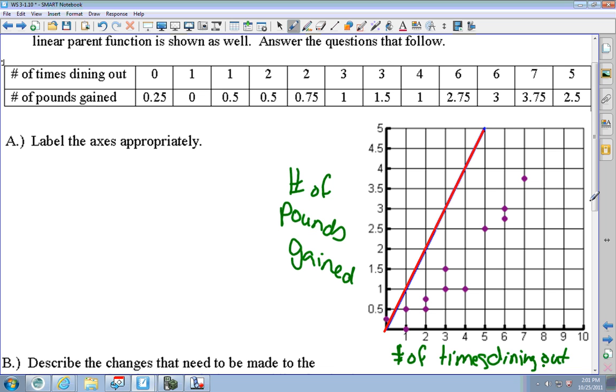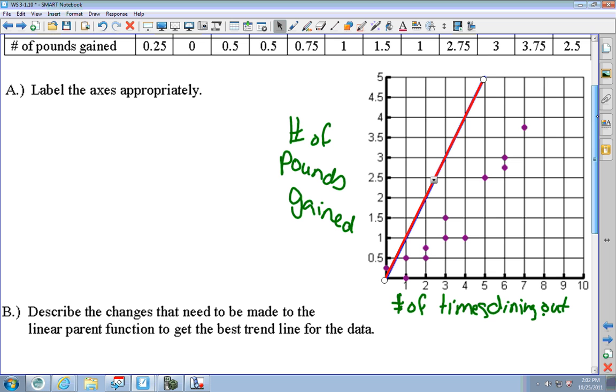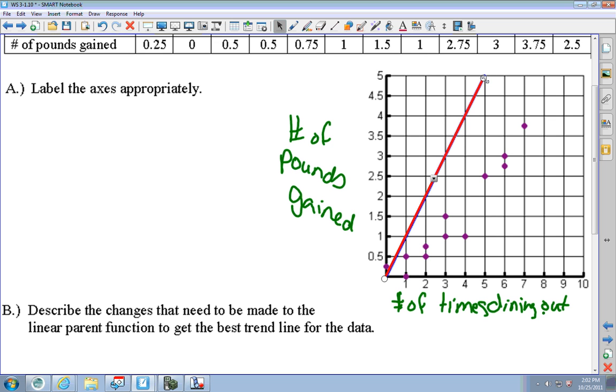Okay. Now it says describe the changes that need to be made to your trend line from the linear parent function. Well, I think that right here, this looks like the Y-intercept is okay. Let's see if I move. I think it looks like I need to make it flatter. So I need to decrease the slope. So I need to move it down. Not quite very good. So let's try again. Let's move my line down just a tad.